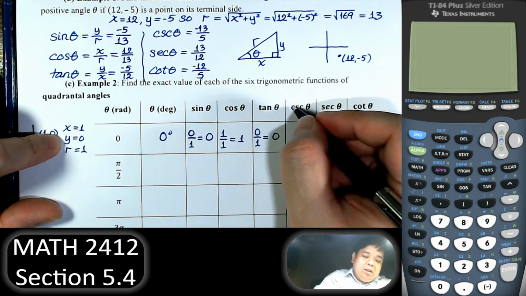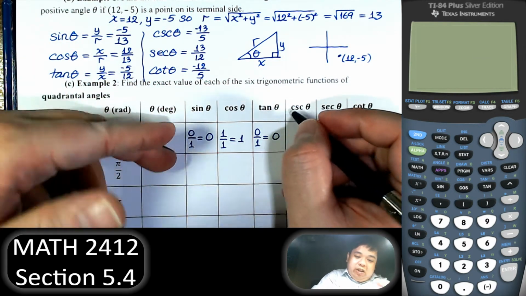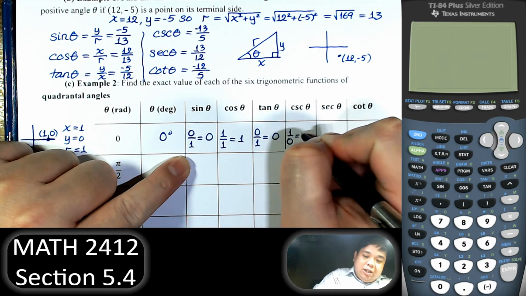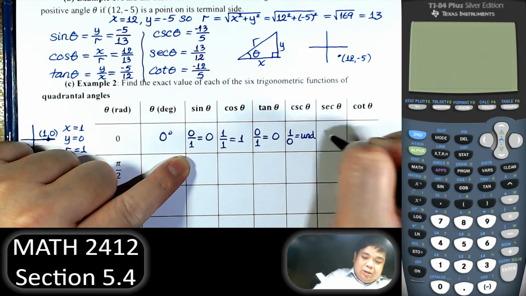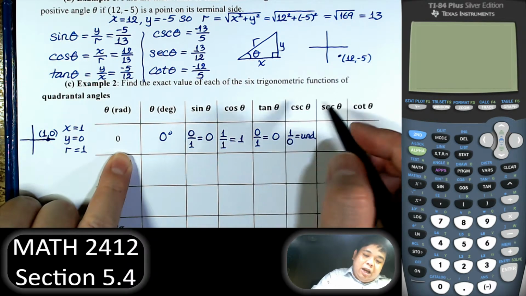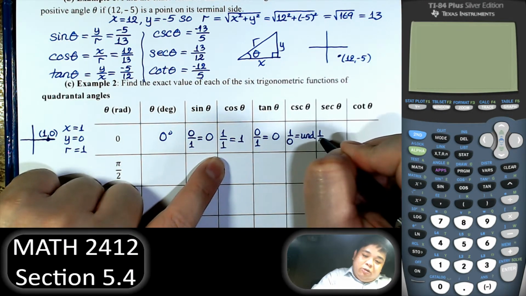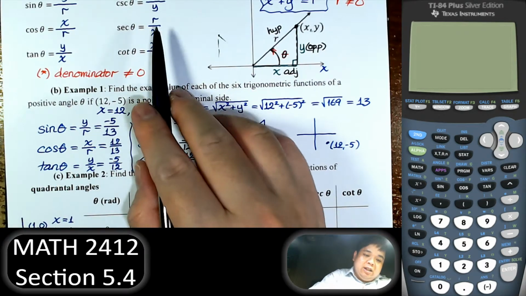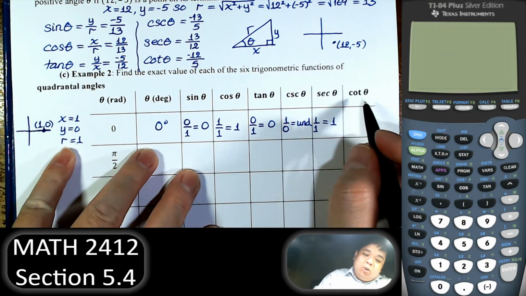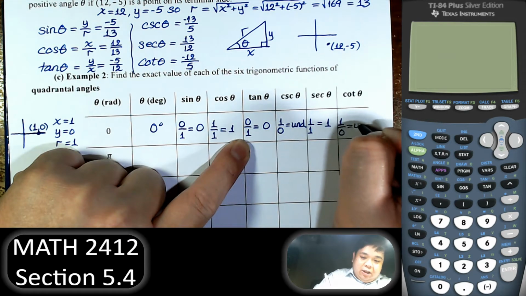Cosecant is r over y, which is 1 over 0. Of course, if we divide by 0, it is undefined. Secant is r over x, which is 1 over 1. And then cotangent is the reciprocal of tangent, 1 over 0, which is undefined.